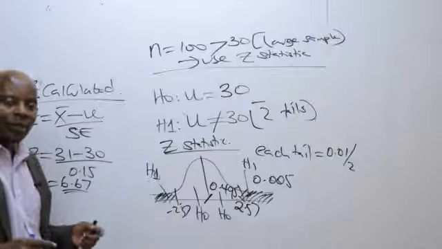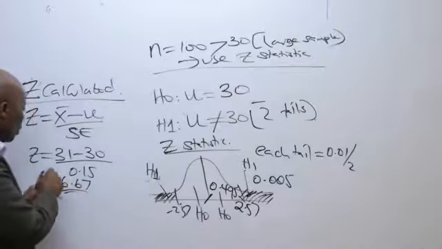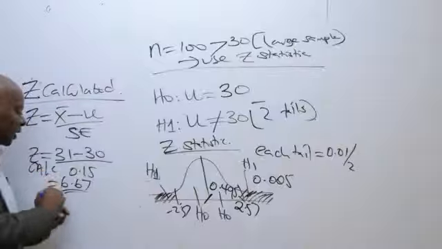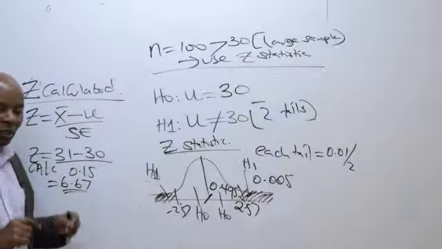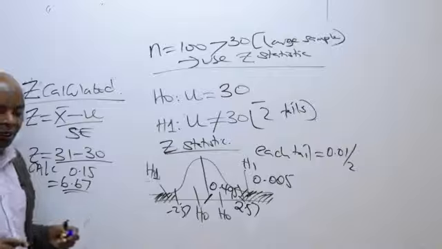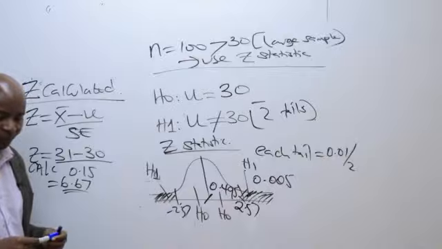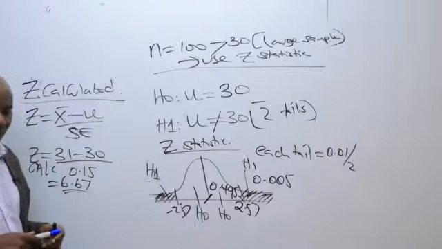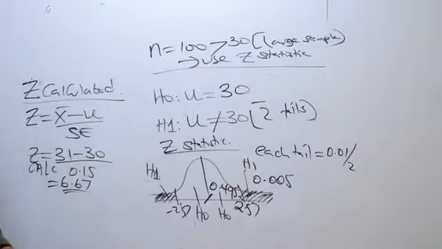I told you this is one thing leading to another. Ladies and gentlemen, having gotten this Z calculated, we normally call it Z calc. What do you think will be the next thing to be done?